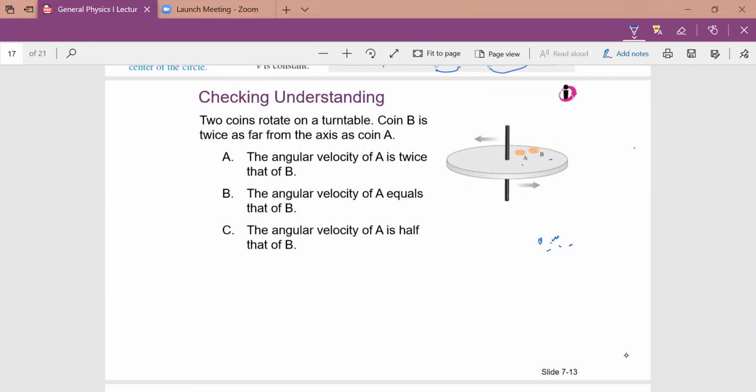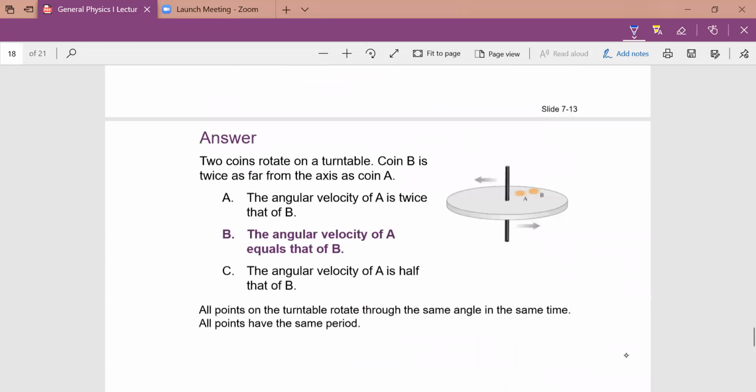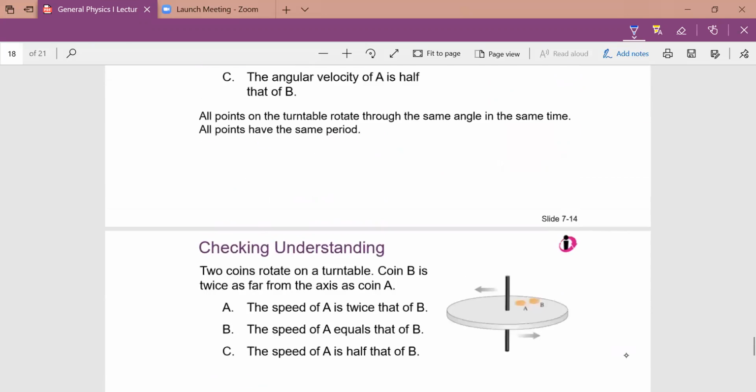So when we ask that two coins rotate on a turntable, coin B is twice as far from the axis as coin A. Does it mean that the angular velocity of A is twice that of B, or the angular velocities of A and B are equal? B is the answer, because we said at every point in a rigid system, the angular velocity is the same. So we'll have B as the answer.